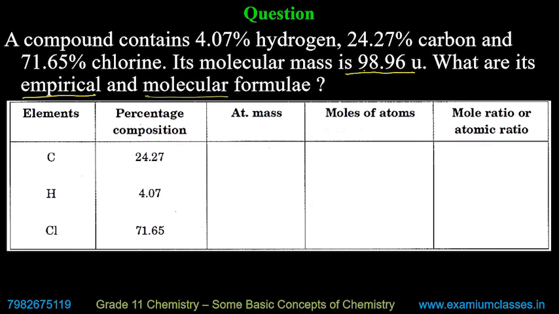The atomic mass of carbon is 12, hydrogen 1, chlorine 35.5. Out of 100 grams, we have 24.27 grams carbon, 4.07 grams hydrogen, 71.65 grams chlorine.